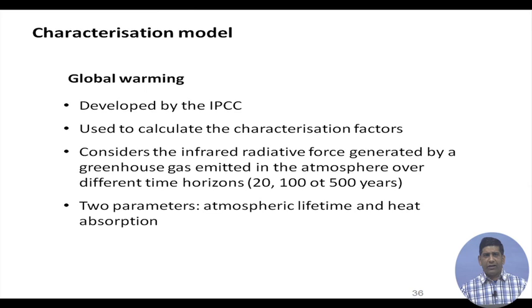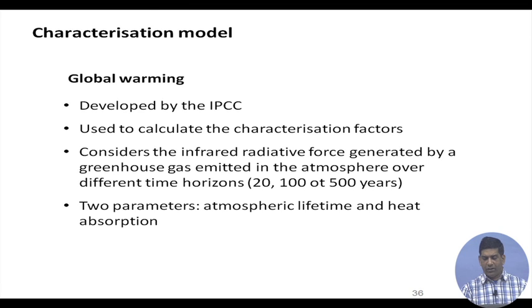There is a characterization model developed by the IPCC, the Intergovernmental Panel on Climate Change, and they calculate characterization factors. They use infrared radiative forcing generated by greenhouse gases, with different time horizons: 20 years, 100 years or 500 years.